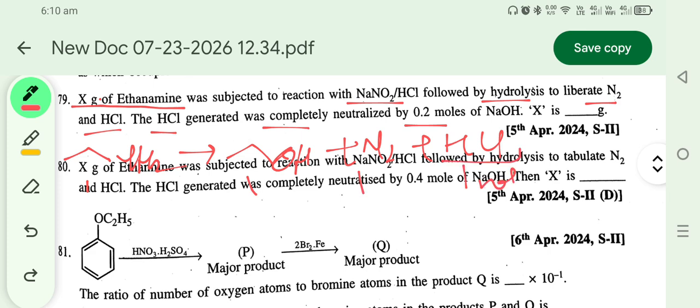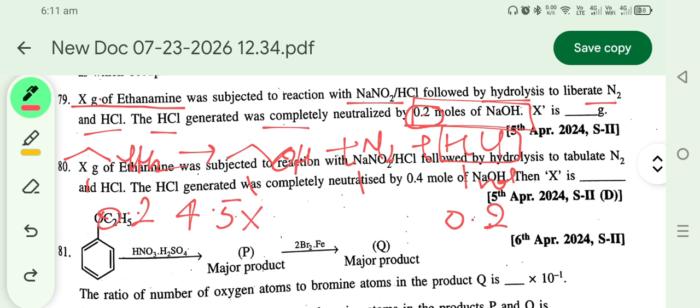The obtained HCl reacts completely with 0.2 mole of NaOH, which indicates the moles of HCl produced are 0.2. For 0.2 moles of HCl, the ethylamine is 0.2 mole. For 1 mole, it is 45 grams of ethylamine. For 0.2 mole, 45 into 0.2, that is 9 grams.